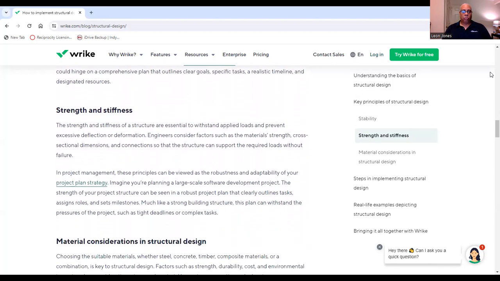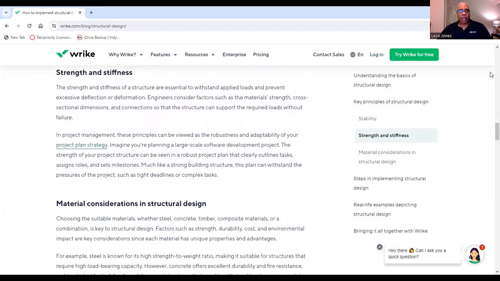And we get into strength and stiffness. The strength and stiffness of a structure are essential to withstand applied loads and prevent excessive deflection and deformation. What engineers do is they consider factors such as material strength, cross-sectional dimensions, and connections so that the structure can support the required loads without failure.